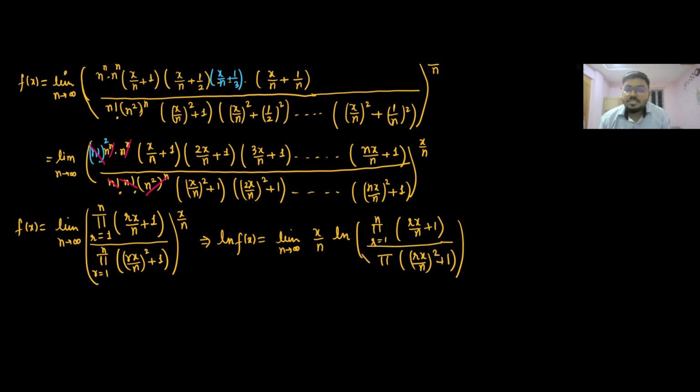Okay, now so this is like ln of a by b. ln of a by b is ln a minus ln b. Let's apply that property here.